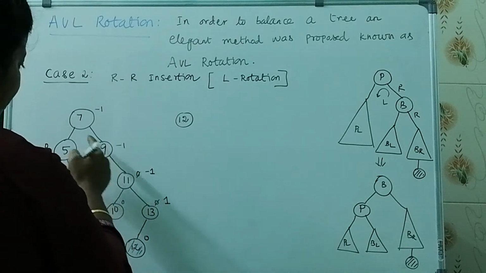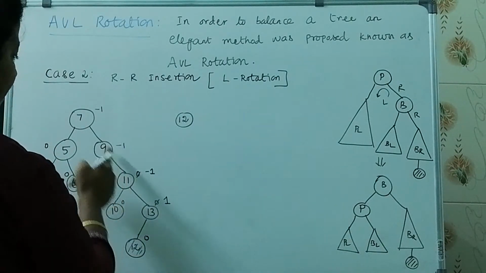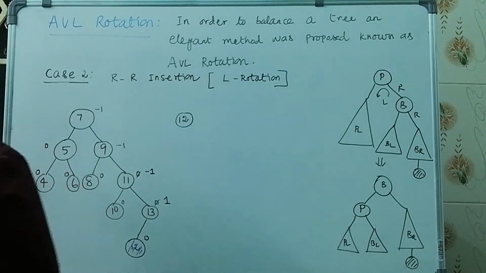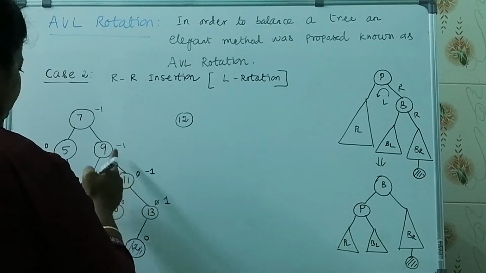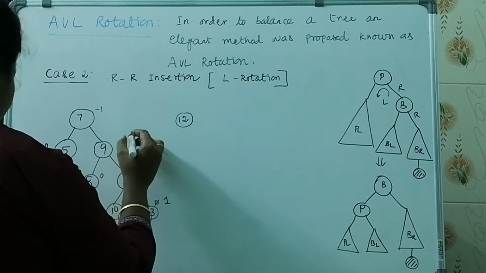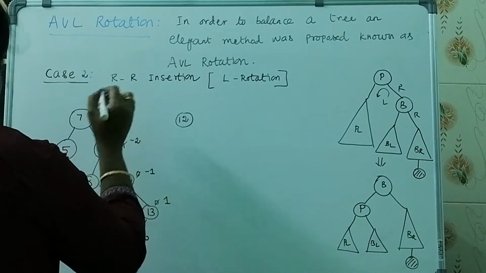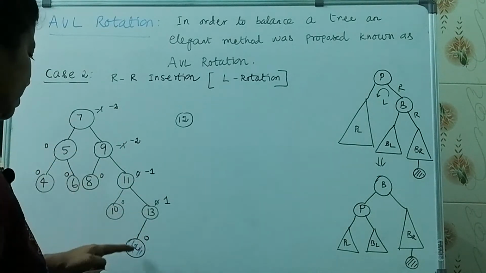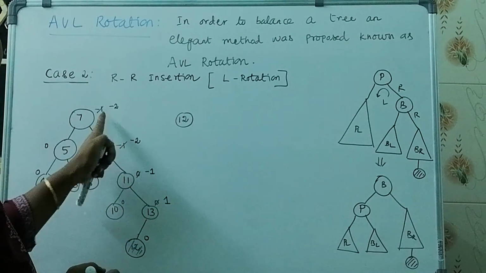Note down, in whichever path we have inserted a new node, only that path's balance factors change. Okay, and then the balance factor is -1 for this node. Now the balance factor is -2, and for this the balance factor is -2. Because the insertion happened in this path, only in this path did the balance factors get new values.